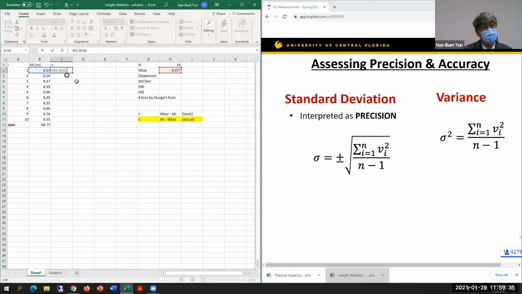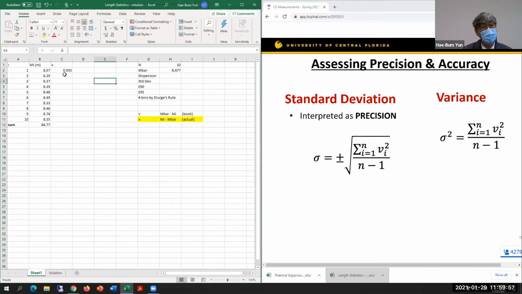Then you can see that the number changed to the dollar sign, which means that if I drag that, this will be changing, but the dollar sign ones will not change. So then we always use this value.